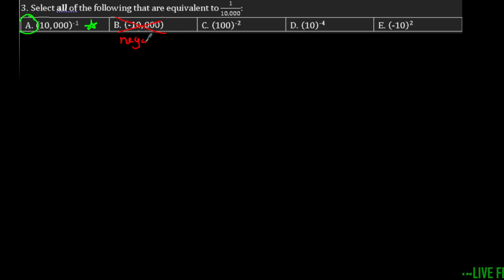So again, negative, which this value is not. However, the next one for choice C, this one is good because if I flipped it over, I'd have 4 zeros. So it's almost like I'm writing 1 over 100 squared, which is the same as 1 over 10,000 with 4 zeros.